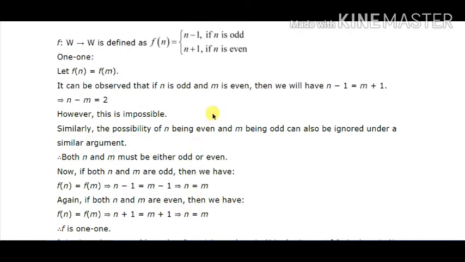Similarly, if n is odd here, then you take this as y is equal to n minus 1. So n is equal to y plus 1. It means when n is odd, f(n) will be even. So its pre-image will be 1 more than this.